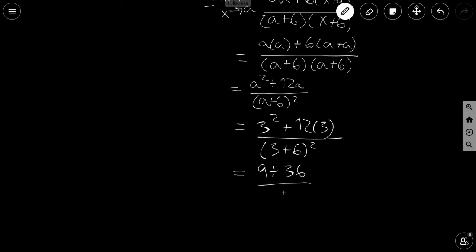Mm, 3 plus 6 is 9. 9 squared is 81. And this will give us 45 over 81, and that is 5 out of 9. Oh, so that right there is our answer.